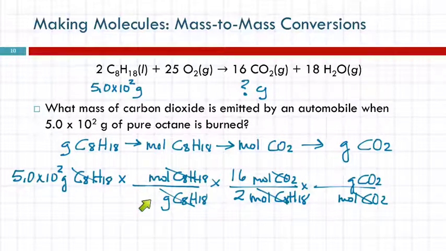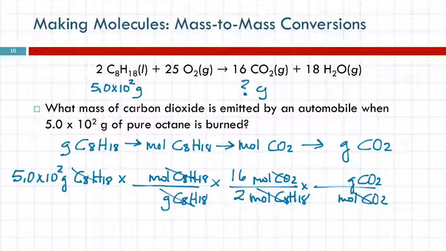The first fraction and the last fraction are molar masses. What I do on an exam to make these questions go faster, because there's a limited amount of time, is I'll give you the molar masses so you don't have to calculate them. But on all the problems, we're going to have to calculate them.